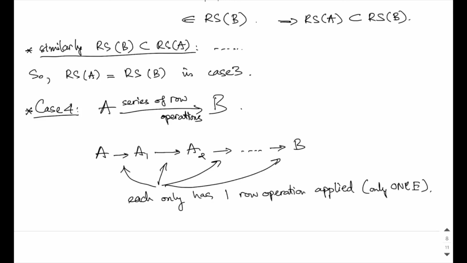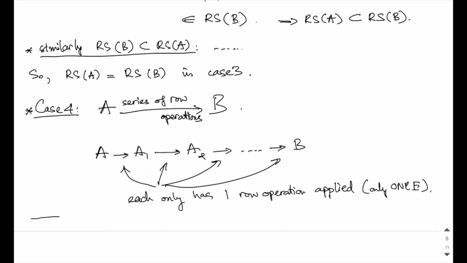But because we have already proven the equality for case 1, case 2, and case 3, no matter what we apply here, row space of A will be the same as row space of A1. No matter what we apply here, we'll have row space of A1 equals row space of A2, and so at the end they are all equal to each other.